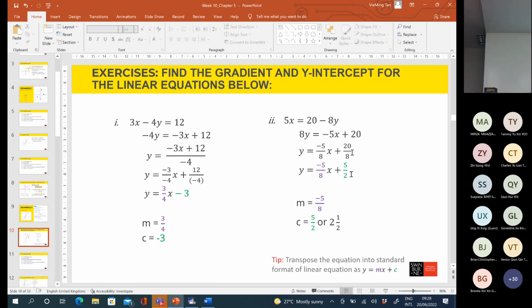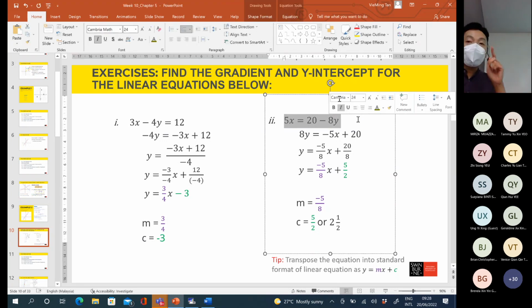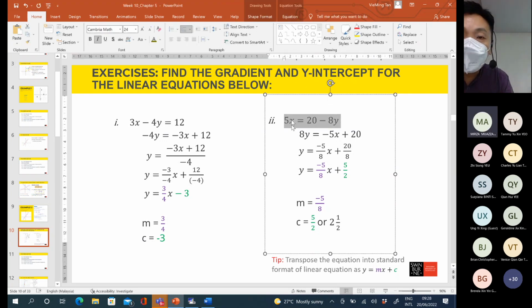So what is the meaning of m equal to negative 5/8 and c equal to 5/2? How do we know this is a linear equation? Because the power of x is only 1. So this linear equation has a slope of negative, that means it's downward sloping.